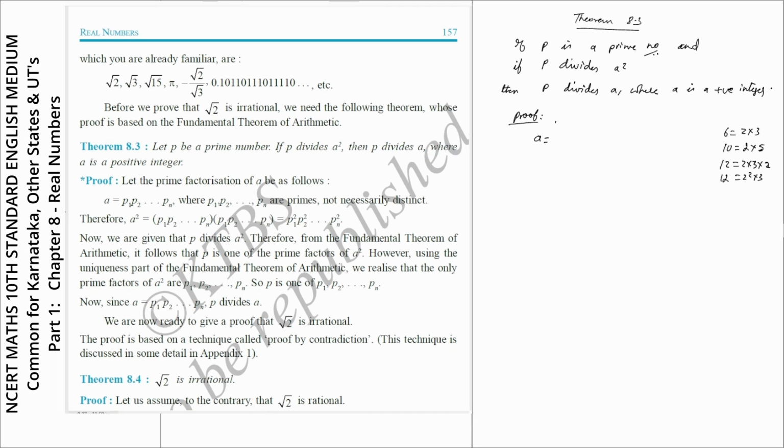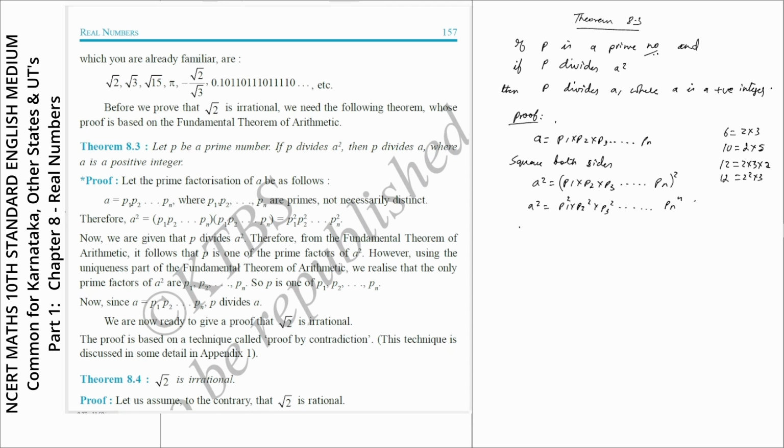Now if A is an integer and if I factorize it, I can write it as P1 into P2 into P3 up till Pn, where P1, P2, P3 are all factors of A. Now if I square both sides of the above equation, I will get A square is equal to P1 into P2 into P3 up till Pn, the whole square, or A square is equal to P1 square into P2 square into P3 square up till Pn square.